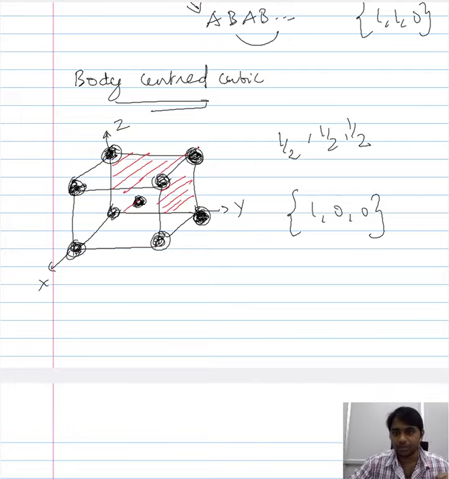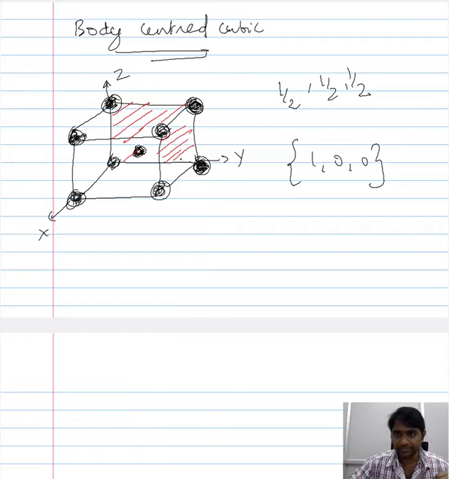Now similar to the simple cubic, the atoms in the red plane touch each other. So this is what would be the arrangement of the atoms in the red plane. However, when you move away from the red plane, you have an atom that characterizes the body centered cubic.